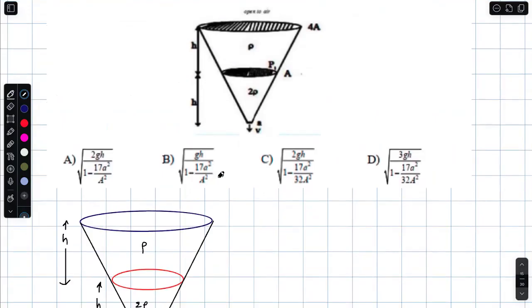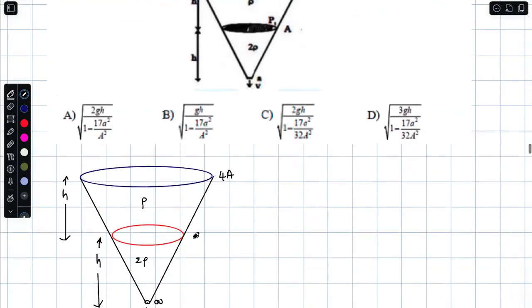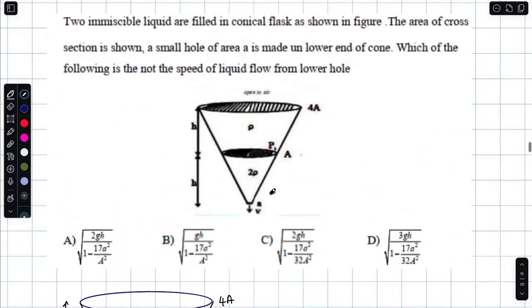Okay. Here it is a 4A. Here it is A. That's the data given.